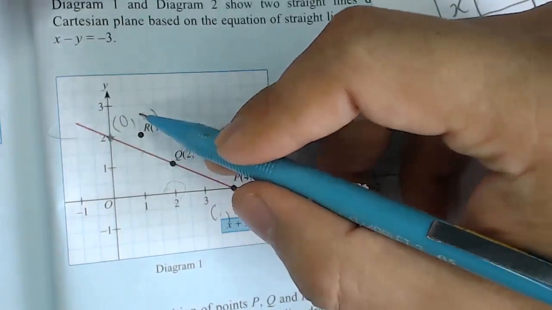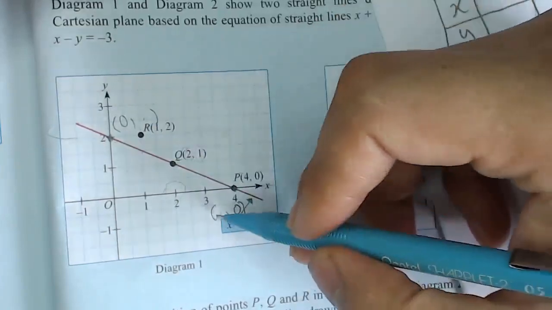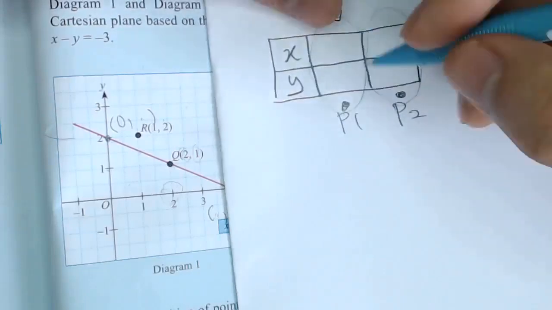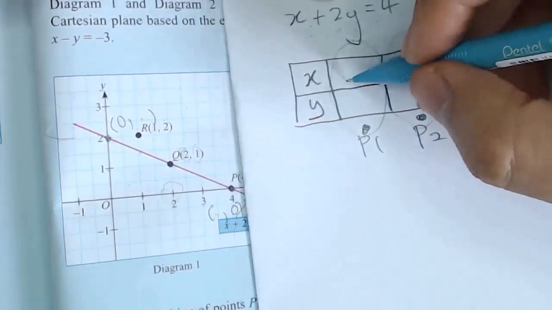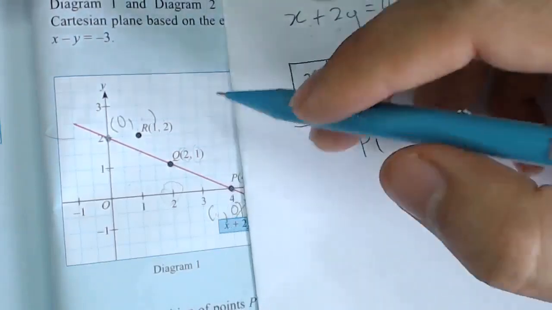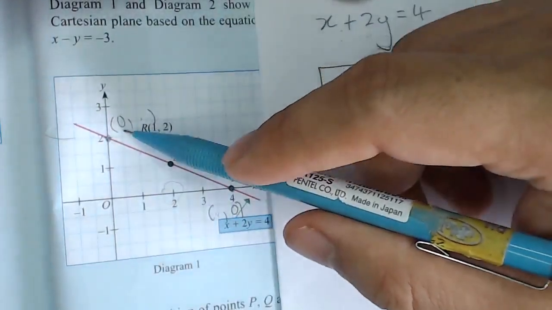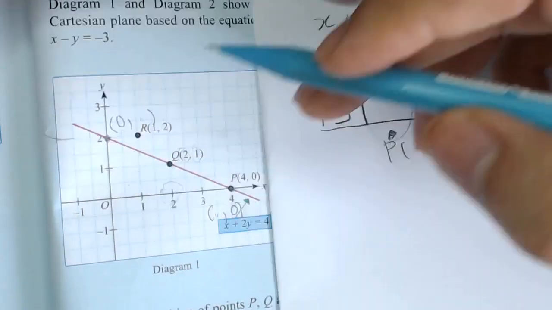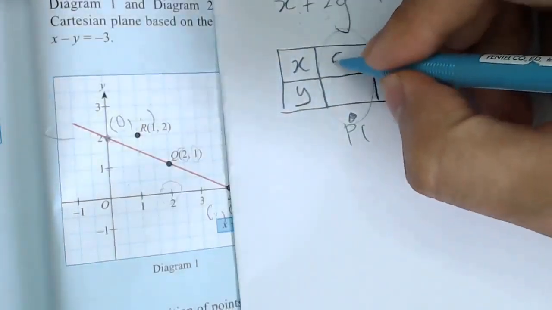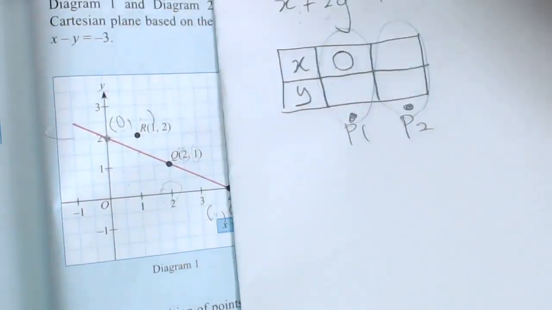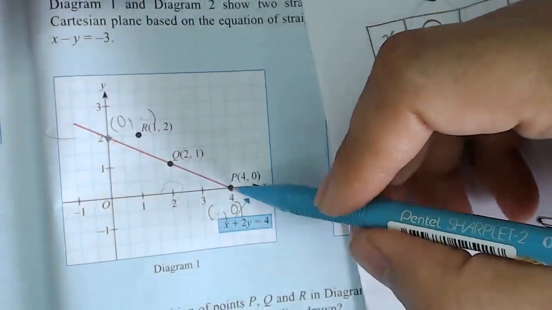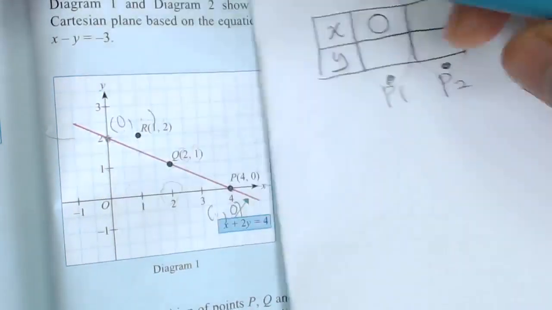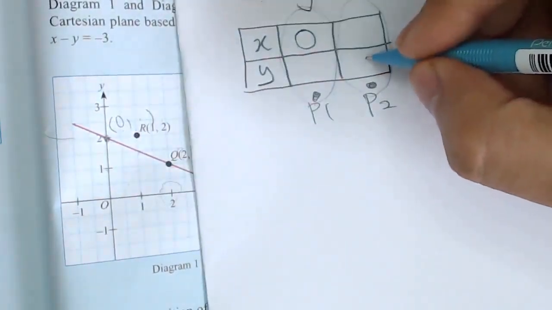How to find the value of y and the value of x is by substituting the value that we already know. Let's say here we know the value of x is 0, so here you put 0. And for this point, we know that the value of y is 0, so you can put it here.